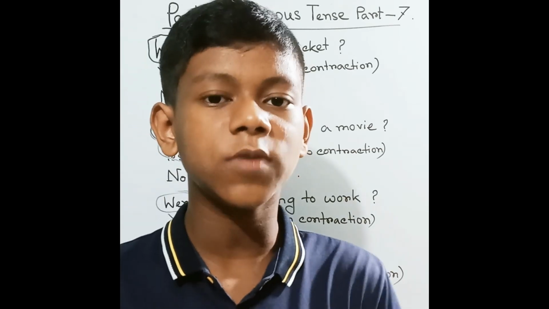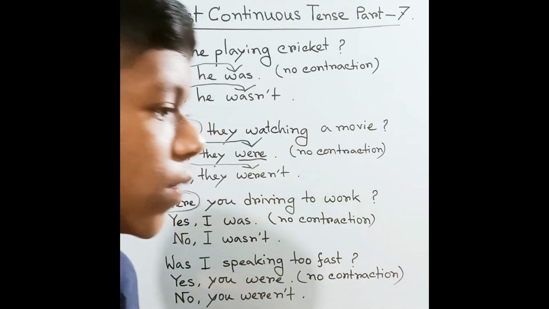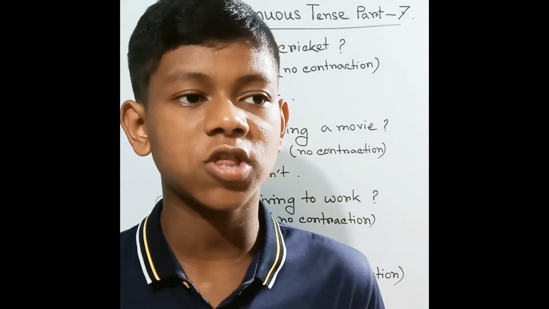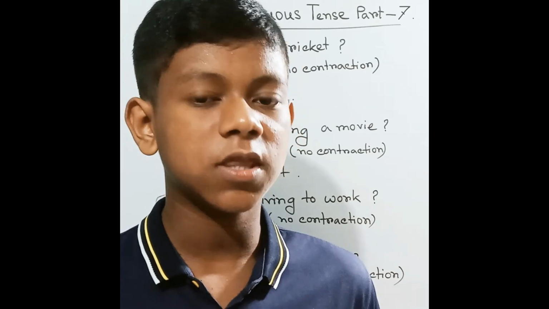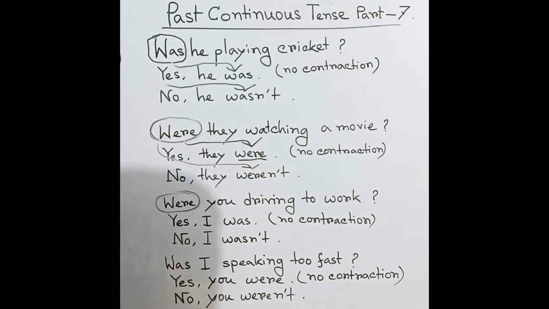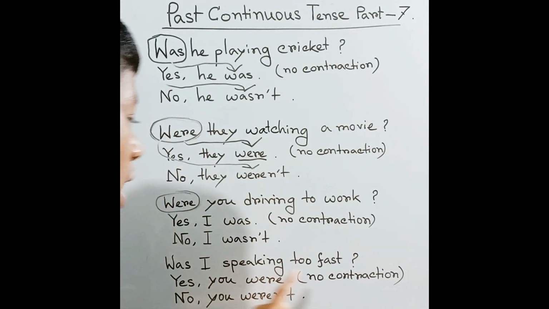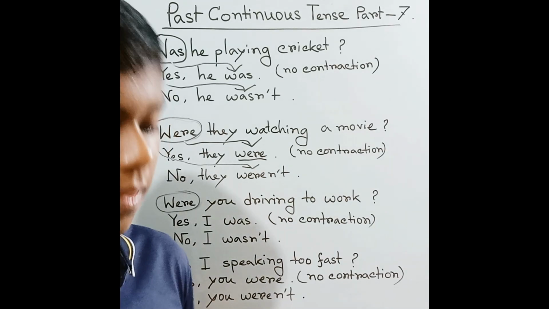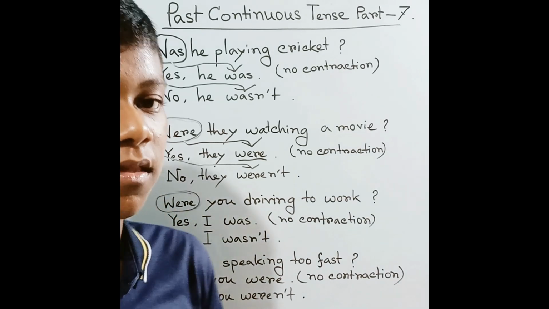When we ask a question with I, we answer with you, and when we ask with you, we answer with I. Same here: was I speaking too fast? Yes, you were. No, you weren't. These are the major and common rules for short answers.